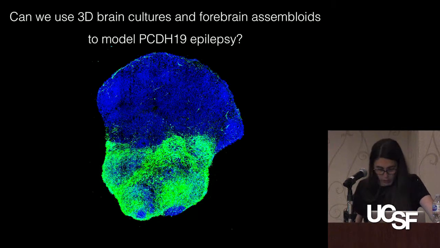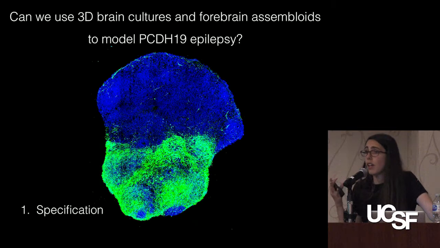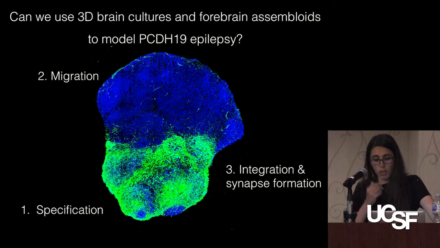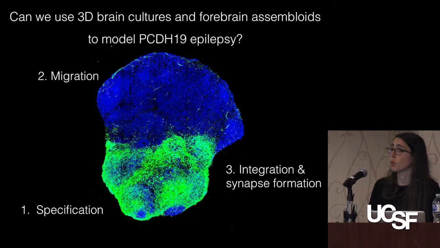We can separately specify cortical and subpallial spheroids from PCDH19 patients, assemble them together to study the migration and ask whether there are any defects in the migration of these cells, and also look at the integration and synapse formation.